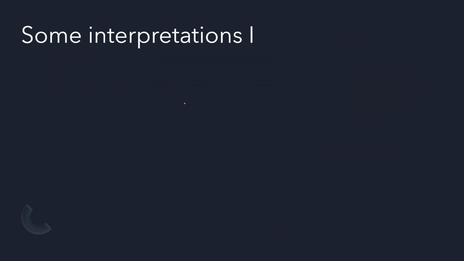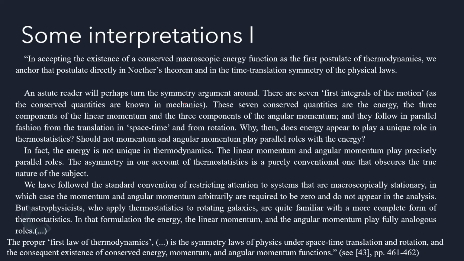Let's go to some interpretations here. It's nice to remember a passage from a book on statistical thermodynamics and statistical mechanics, which says the following: in accepting the existence of a conserved macroscopic energy function as the first postulate of thermodynamics, we anchor that postulate directly in Noether's theorem and in the time translation symmetry of the physical laws.